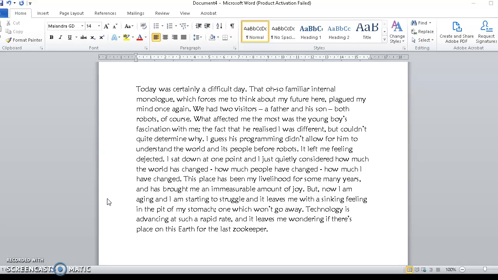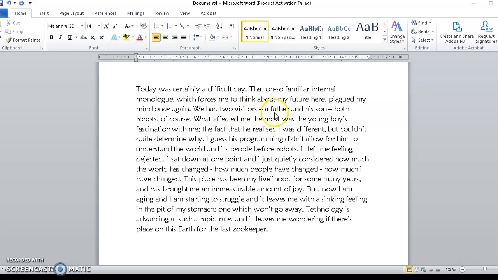That oh so familiar internal monologue which forces me to think about my future here plagued my mind once again. So straight away, what I am doing there, I am using a suitable self-reflective tone. Okay, there's emotive language, there's effective stylistic choices. It reads like a journal, and that's really important.